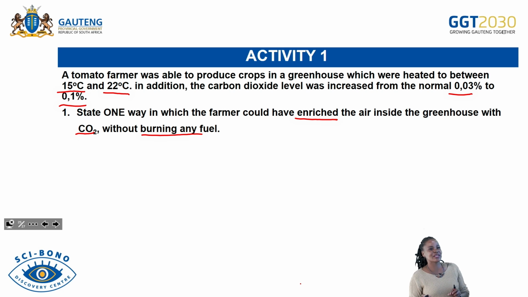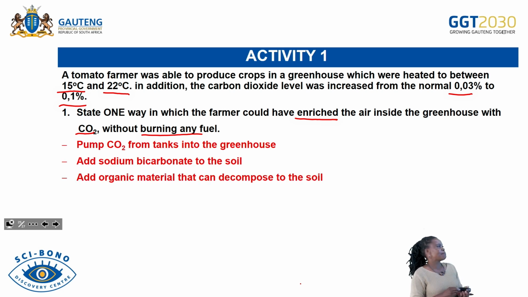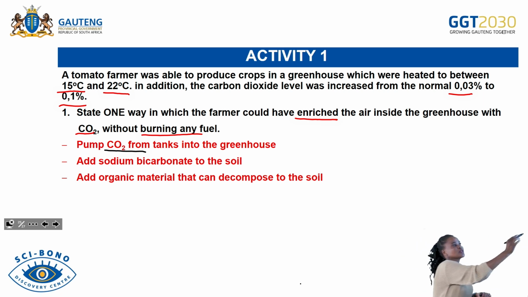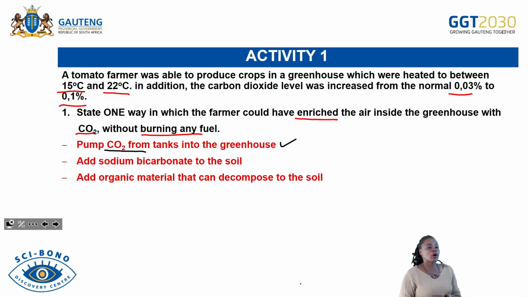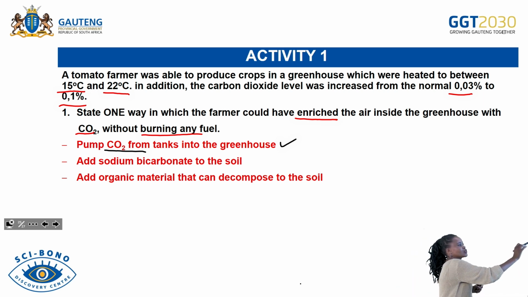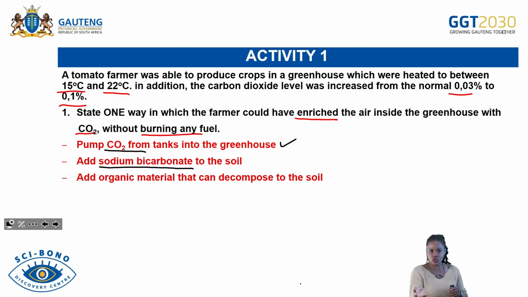Okay, let's quickly look into other options. I'm sorry, because I've just shown all the answers. To pump carbon dioxide from the tanks into the greenhouse, that's what our boy gave us. That is the first one. The other way to increase the concentration of carbon dioxide inside the greenhouse is to add sodium bicarbonate to the soil.